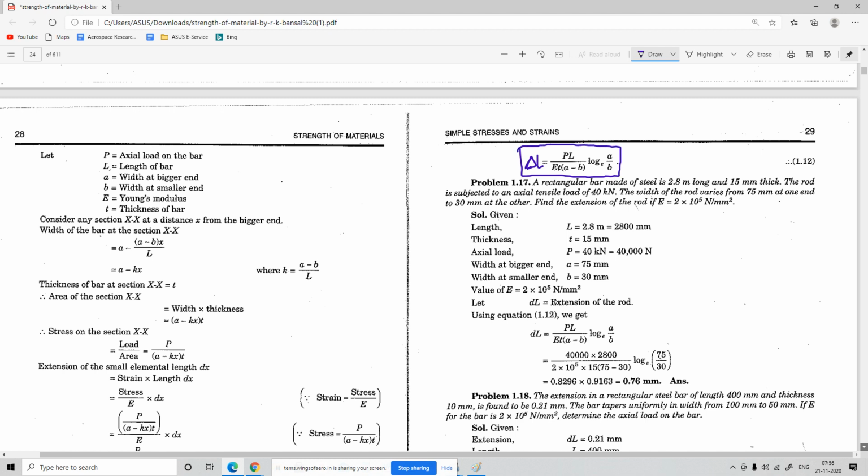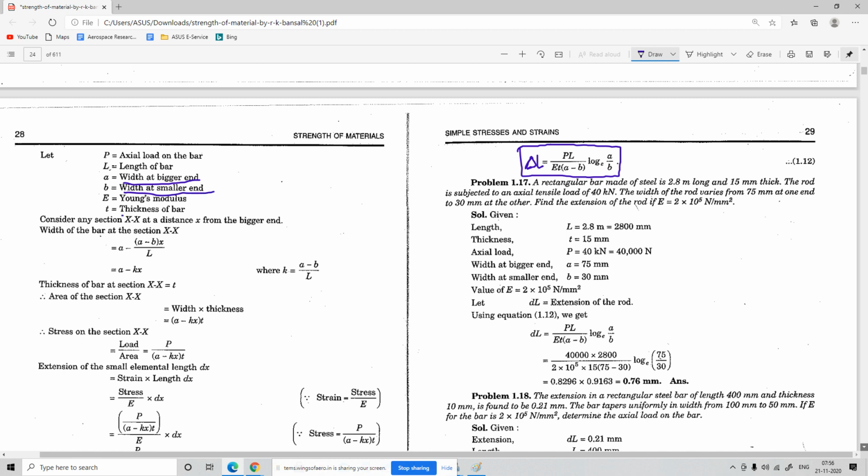Okay, so first note down PL by E T (A minus B) log base e of A by B. Now what is A and B? A is the width at the bigger end, right? Note down what is A and B, where the width is at the bigger end. B represents the width at the smaller end.